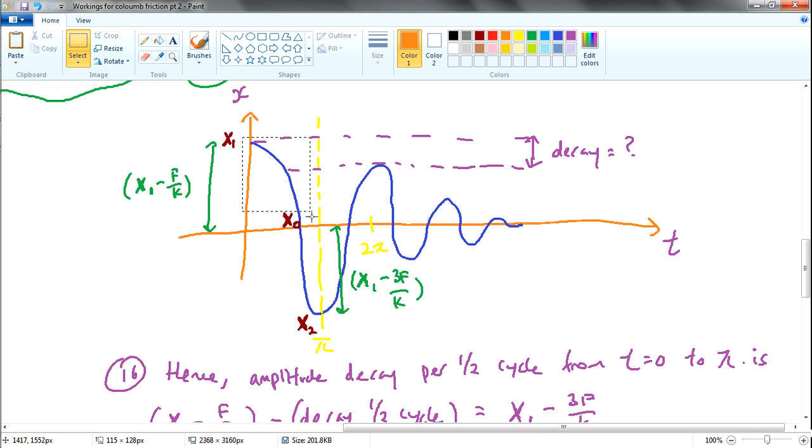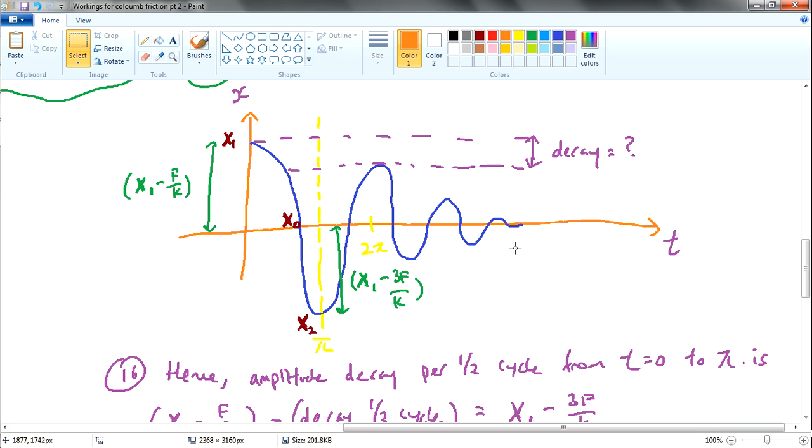So the amplitude for this is the same, but at the other half, this amplitude and this amplitude are totally different, and therefore we are trying to define an equation that would show the decay, the speed of the decay.